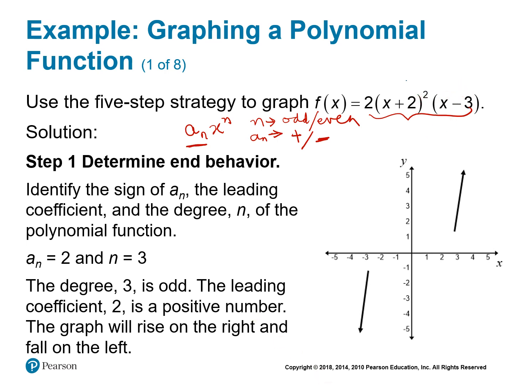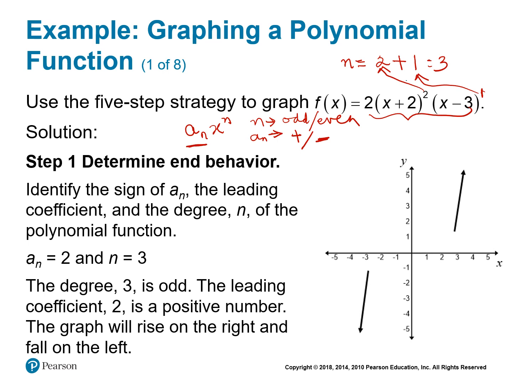So n equals, I'm going to write here, n equals 2 plus 1, the 1 which is the exponent of x minus 3. So when we add them up, n equals 3.